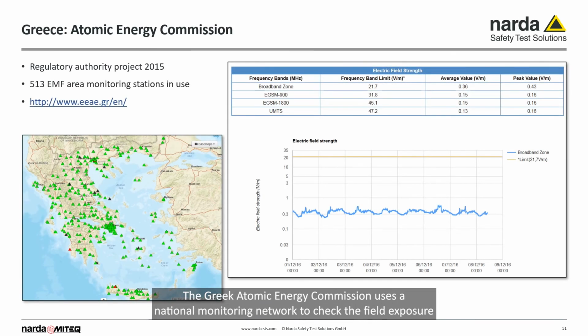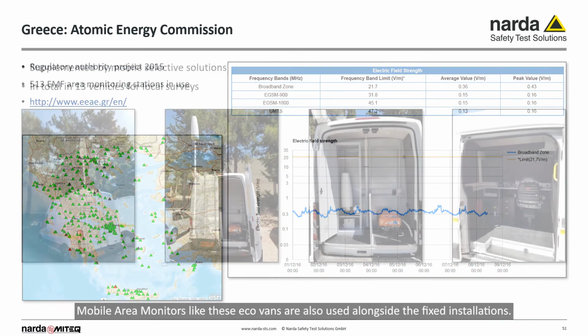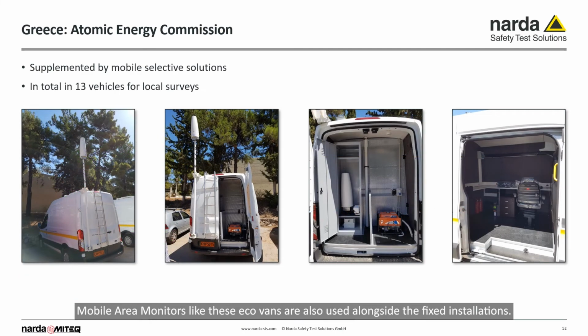The Greek Atomic Energy Commission uses a national monitoring network to check the field exposure of the general public at relevant locations and uses the results to undertake local action when necessary. Mobile area monitors like these are also used alongside the fixed installations.